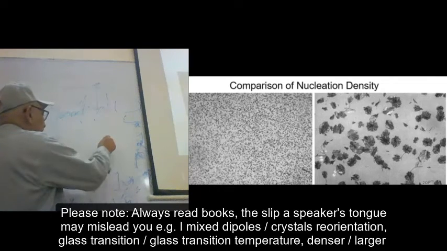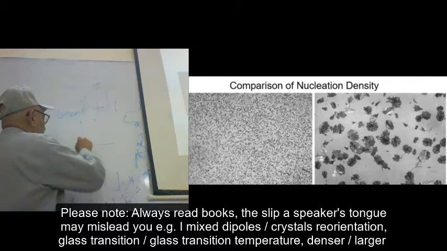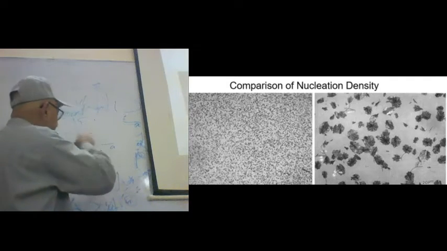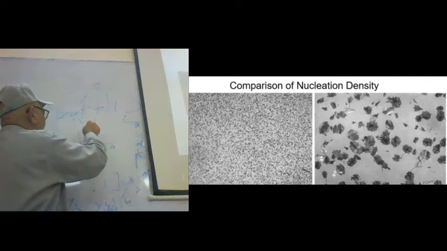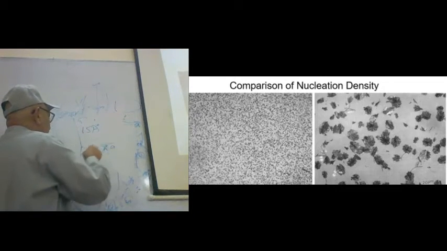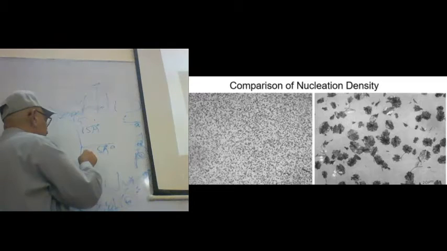this unit cell, this was a, b, c. This c is 15 angstrom, this is 5 angstrom, lattice parameters of a unit cell, and this is say 4 angstrom.